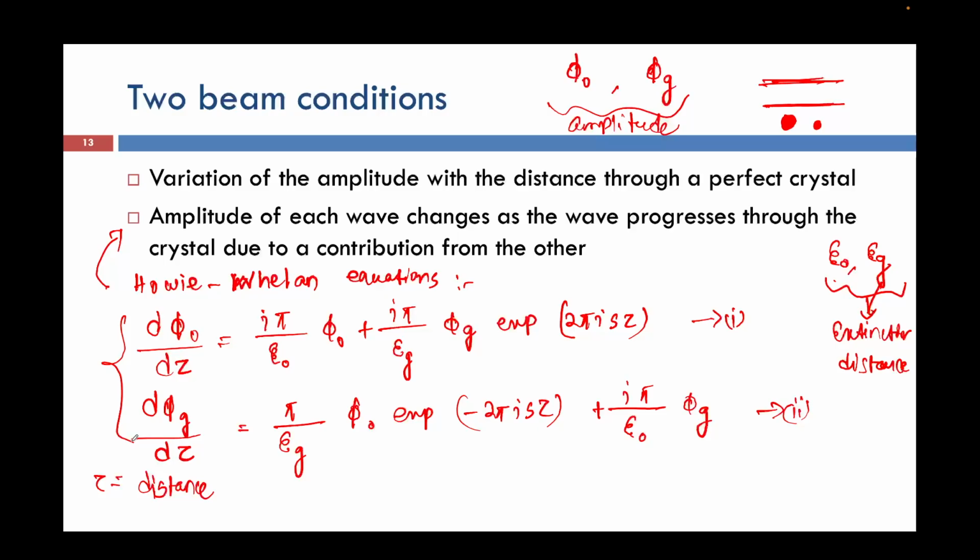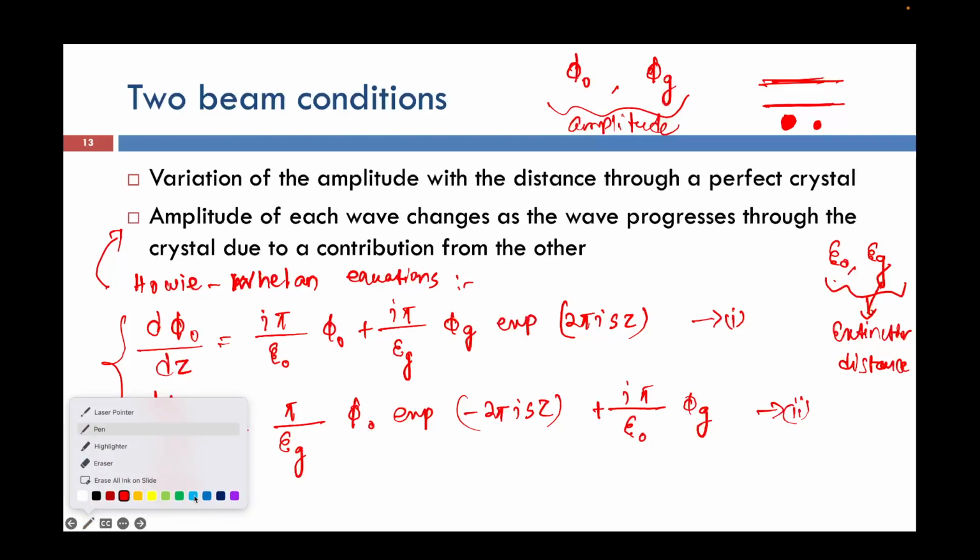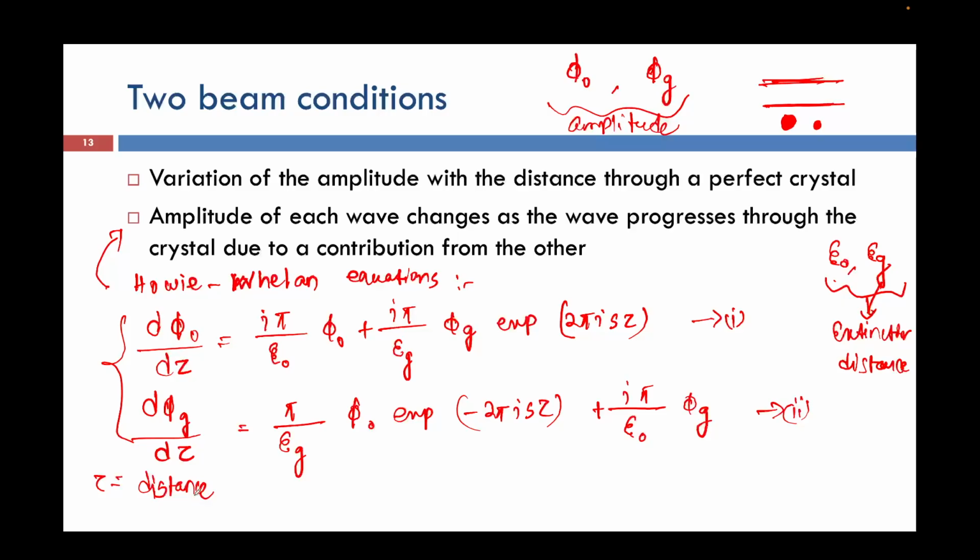By solving these two equations, we will be getting our intensity. And here there is another term. This term is known as s. s is nothing but the deviation parameter or the excitation error.